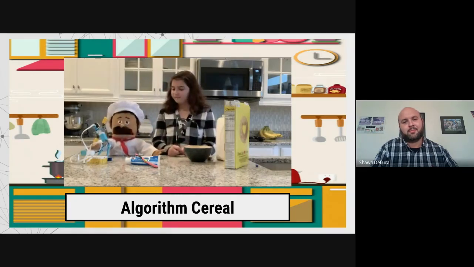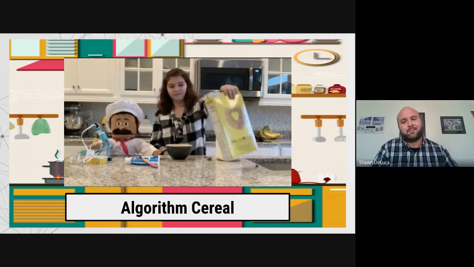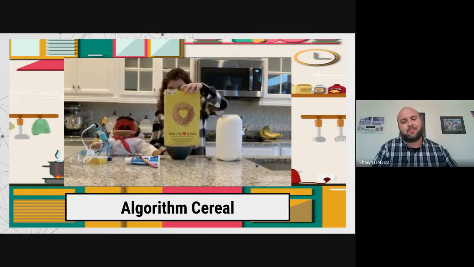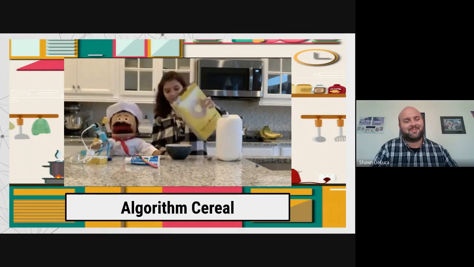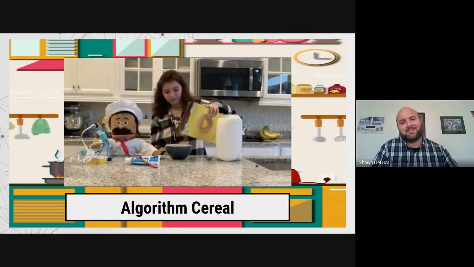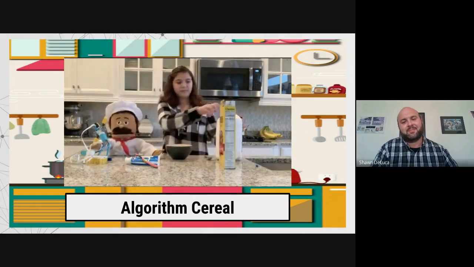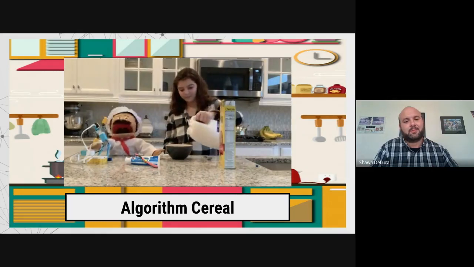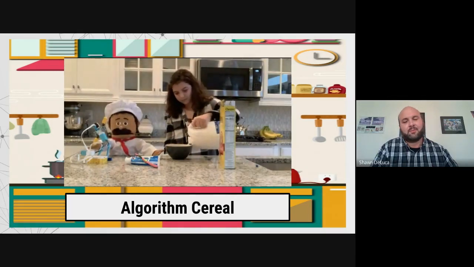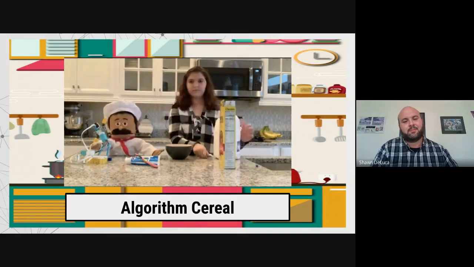Okay. Step 1, grab a bowl. Step 2, put the cereal in the bowl. Oh, you silly girl. I meant pour the cereal into the bowl. Step 3, twist off the cap of milk. Step 4, pour the milk into the cereal. Step 5, grab a spoon.